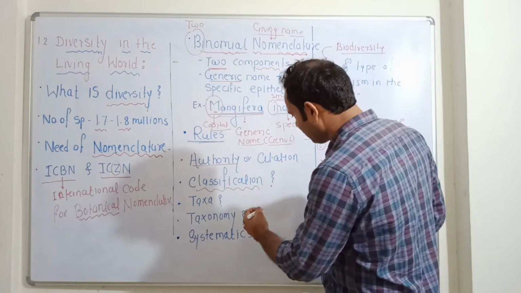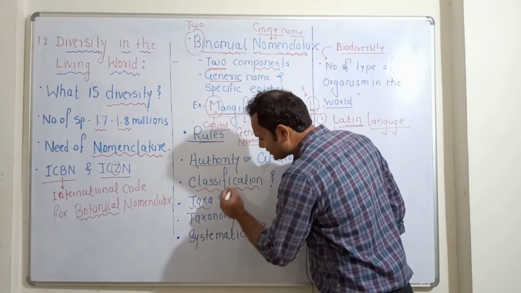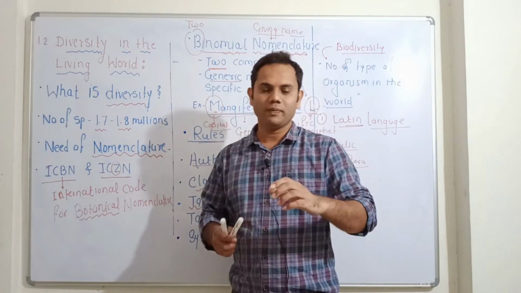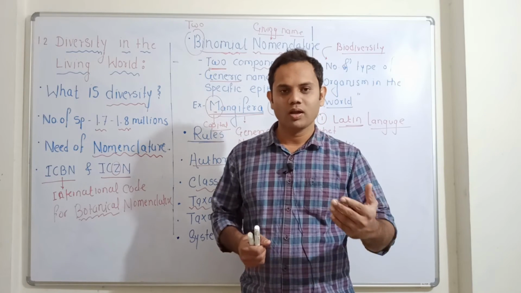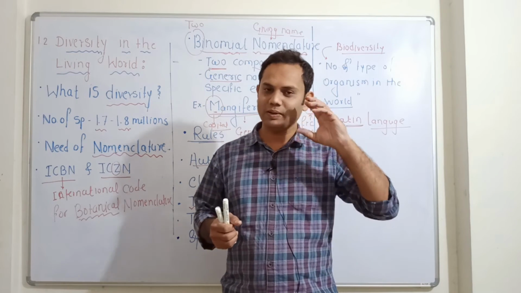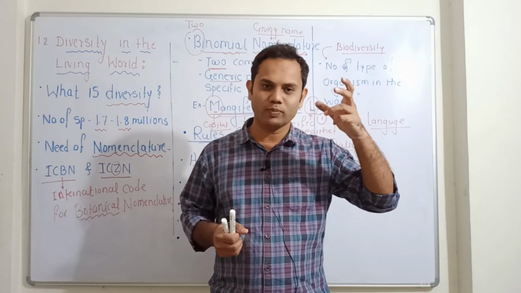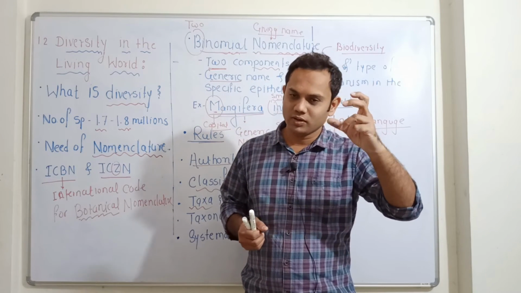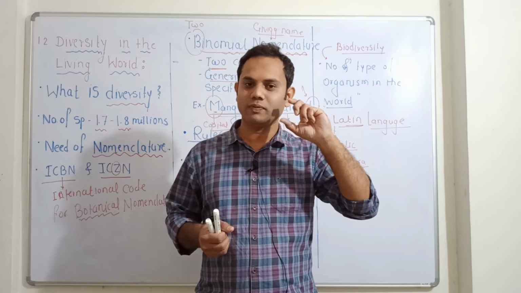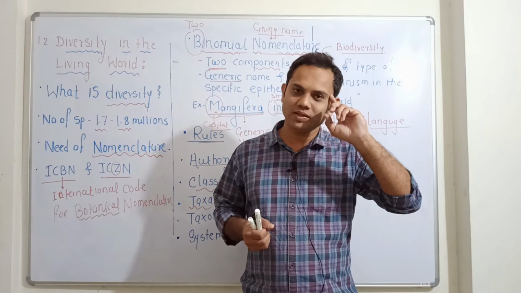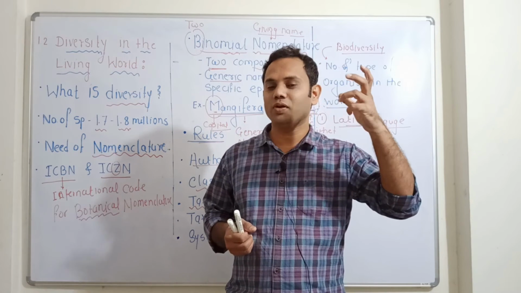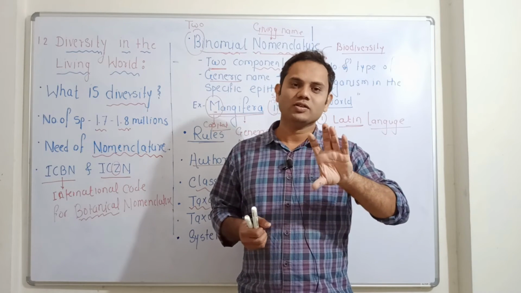Now this is about classification. Now what is taxa? If you call out cat, dog or horse, the picture of a cat will come into your mind, or the picture of a dog. If you say cat, you will not see the picture of a dog, you will see the picture of a cat. So what is that actually?